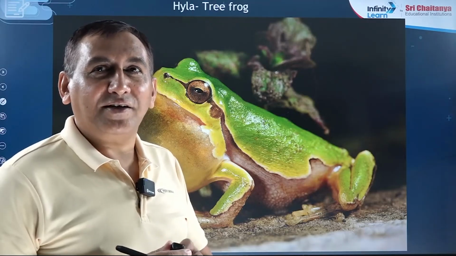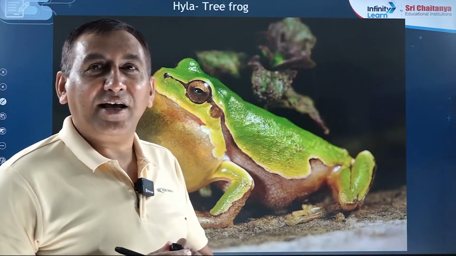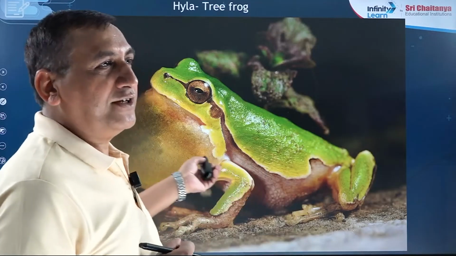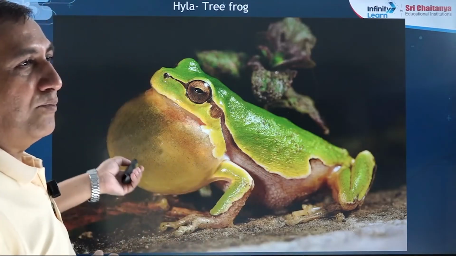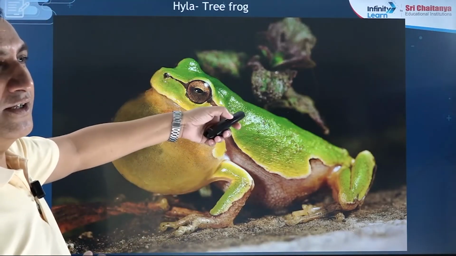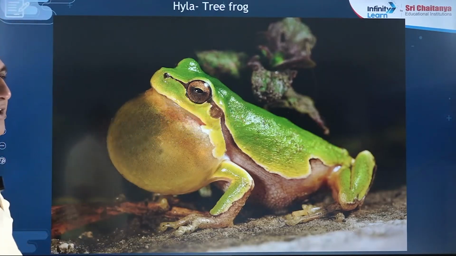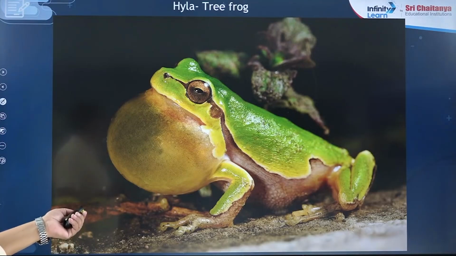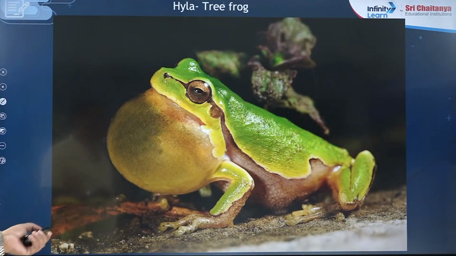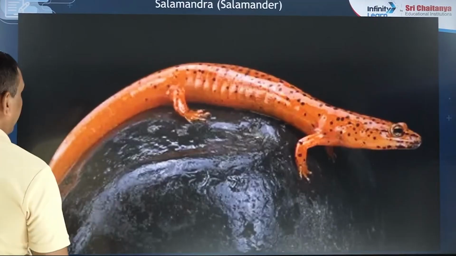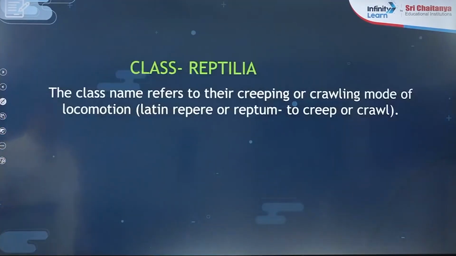Mowgli survived in jungle and behaved like animals. Simply, this frog is able to jump from one tree to another tree. That is why it is known as the tree frog. Hyla, that is known as the tree frog. Clear? Yes. Salamander, this is the one.